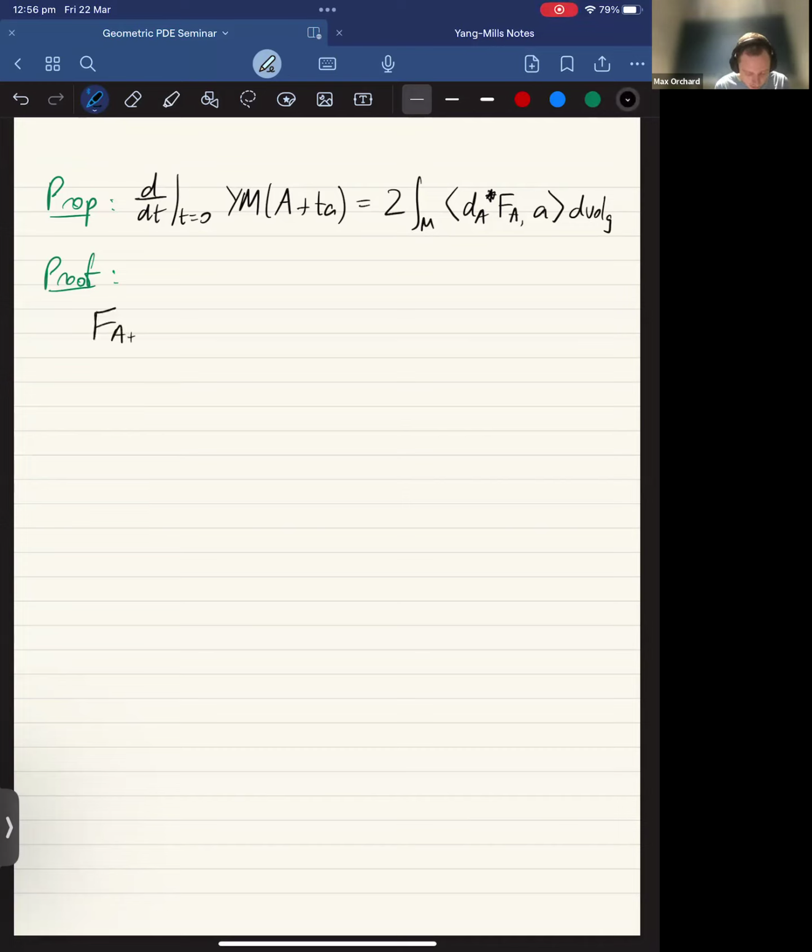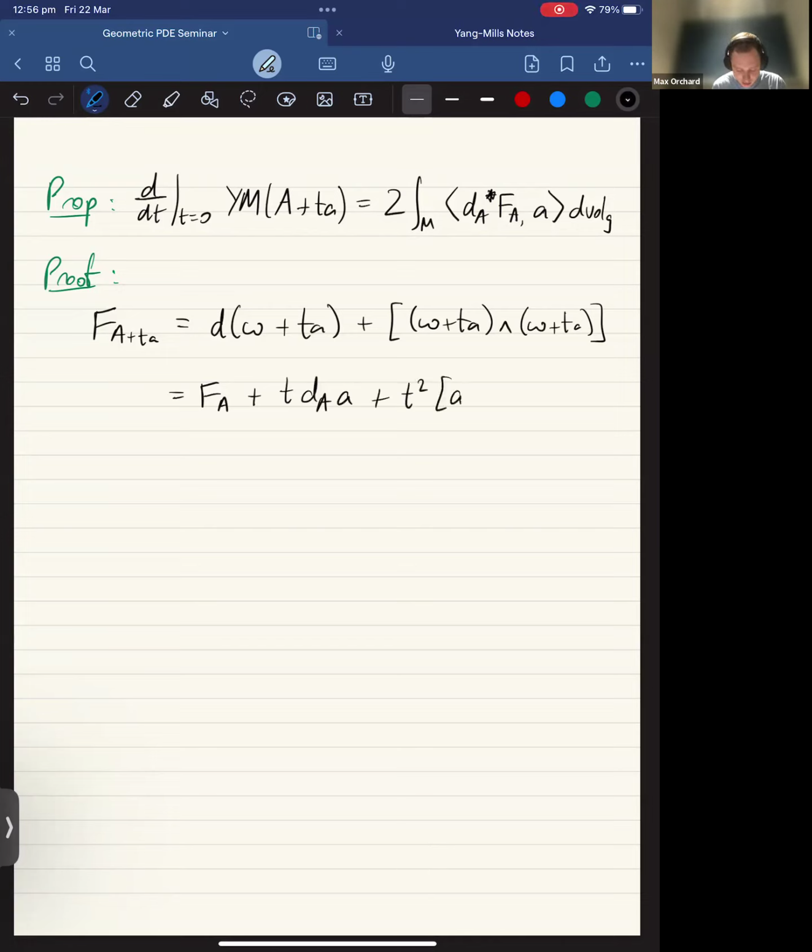If we want to look at the curvature of such a perturbed connection, it turns out that by the structure equation, you get something like this. And when you expand everything out, you get the curvature of A back alongside this, just by linearity of things. You can pull t's out the front, that sort of thing.